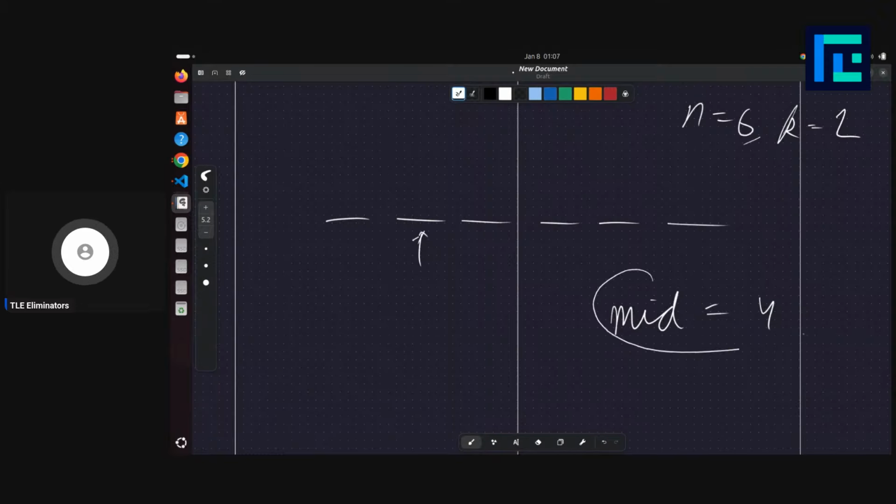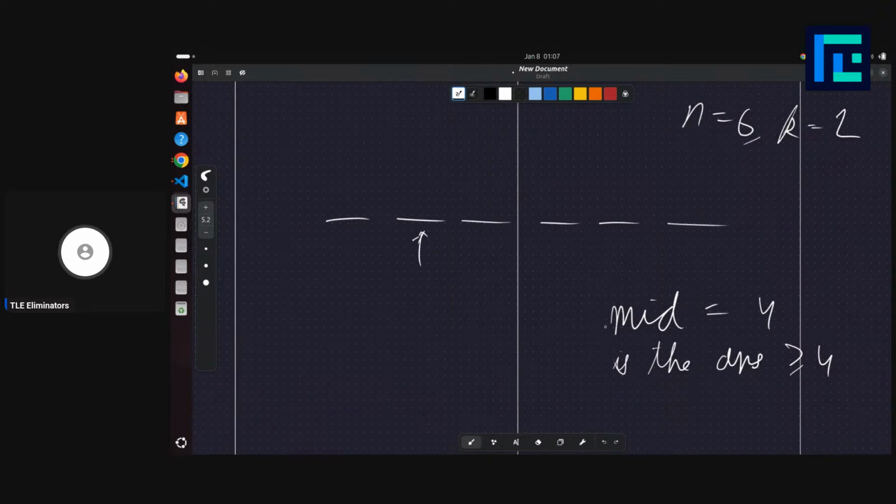So mid equals 4 means, is it possible for you to make at least 4 camps? That is, is the answer greater than or equal to 4? Okay, that is your question.